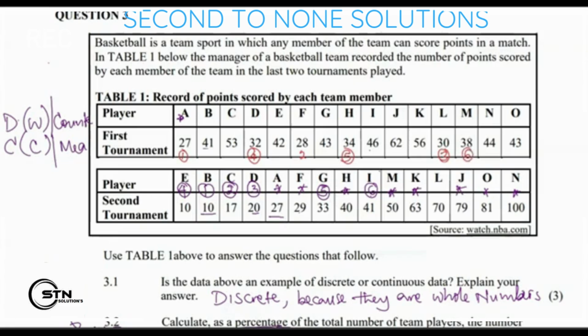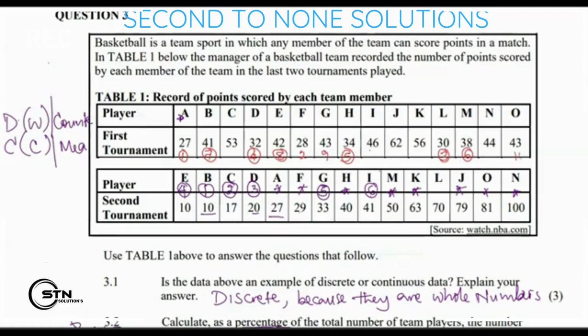Number 7 is 41. Number 8 is 42. Number 9 has to be 43.